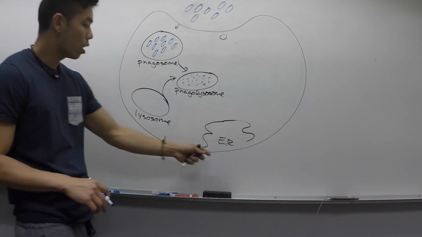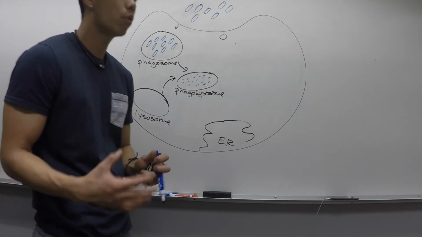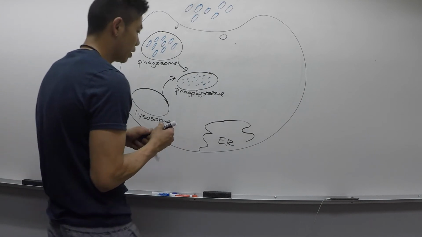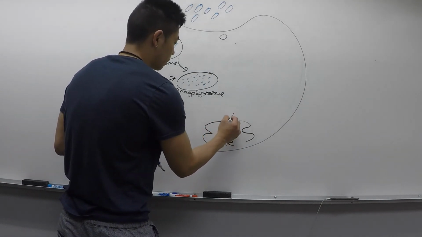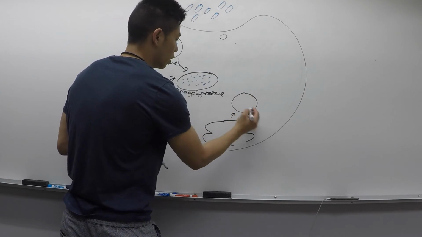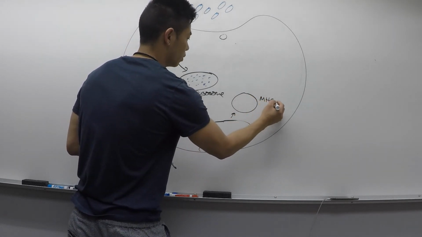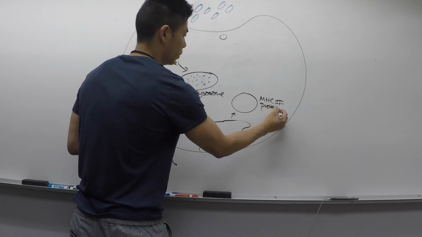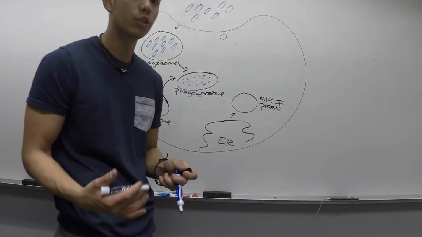Now our ER is going to produce a very important protein that not all cells produce. This is known as our MHC2 protein, major histocompatibility class 2 protein.